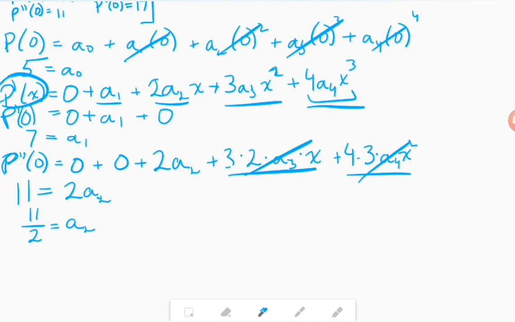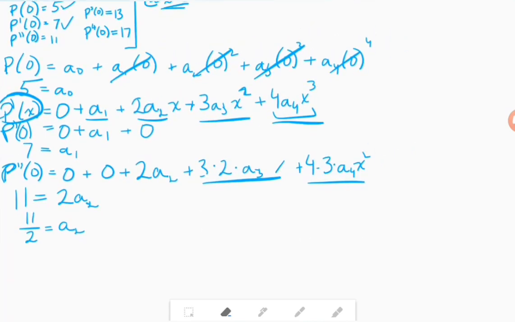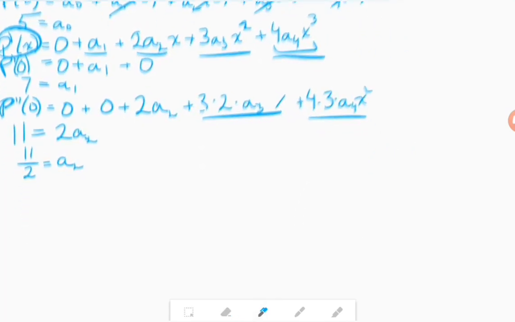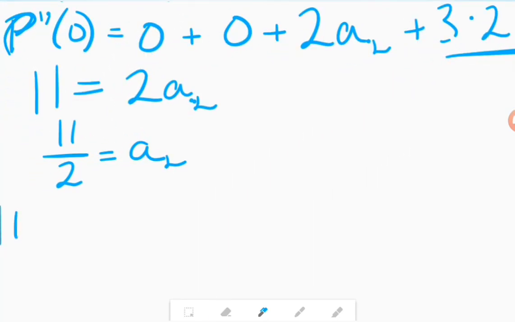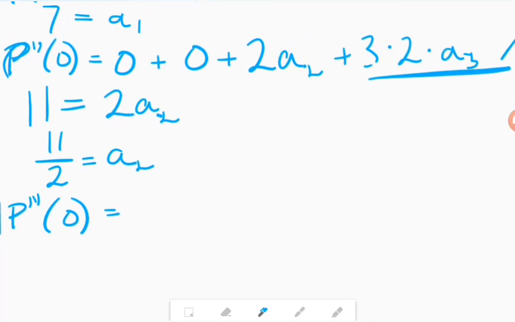So now I guess we could do the same thing. In order to find a sub 3, we could do what we did for p prime of 0 and p double prime of 0. We can use the third derivative that they gave us, which is 13. So p triple prime of 0, the third derivative. I'm taking the derivative term by term. This is a constant, so it becomes 0.